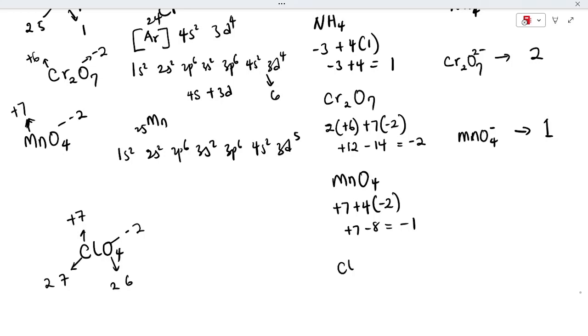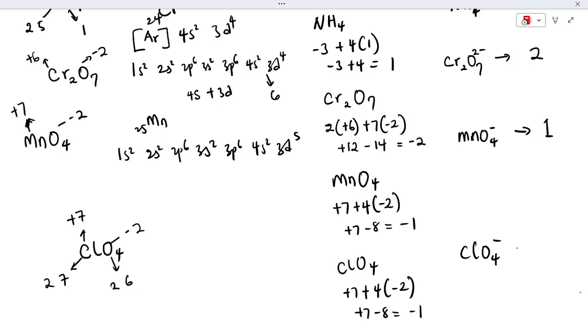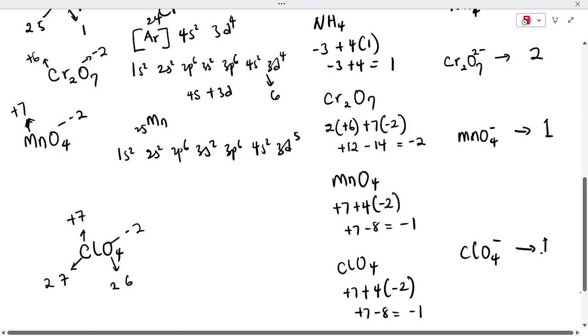So you're going to be having ClO4. So you have plus 7 plus 4 atoms of oxygen times minus 2. So you have plus 7 minus 8, which equals minus 1. So ClO4 is actually minus 1. So the oxidation number is simply 1.